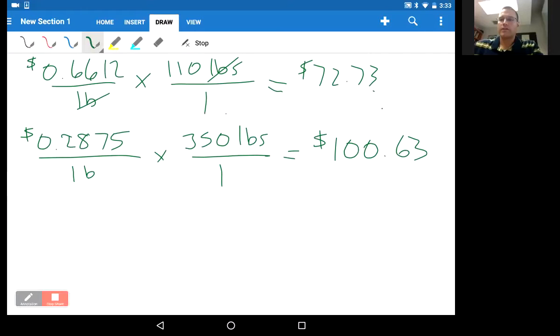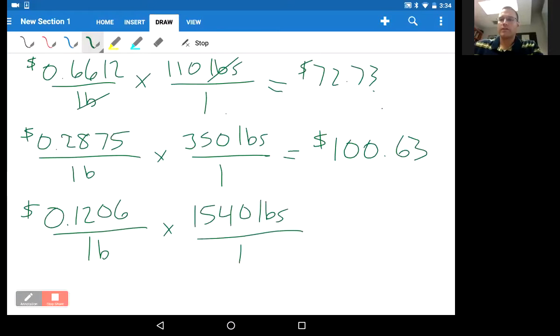Finally, we have Milo. So Milo is, we say, 12 cents per pound, and we have 1,540 pounds of Milo.